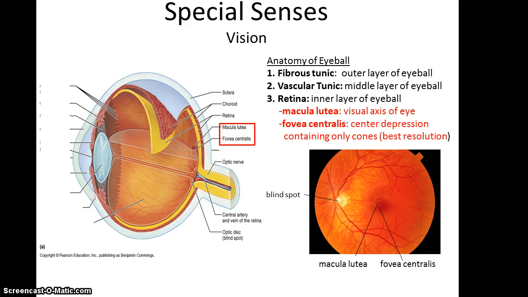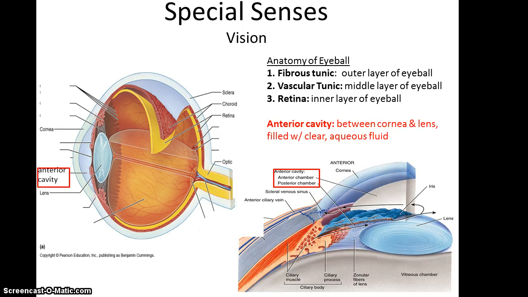Basically the signal is best at the macula lutea, so that you're able to really see well at that one spot. And because of that, you have at the center of that the fovea centralis, which is a depression. And in this depression you only have cones, because again the cones function much more superiorly to the rods and help us see color and things like that.